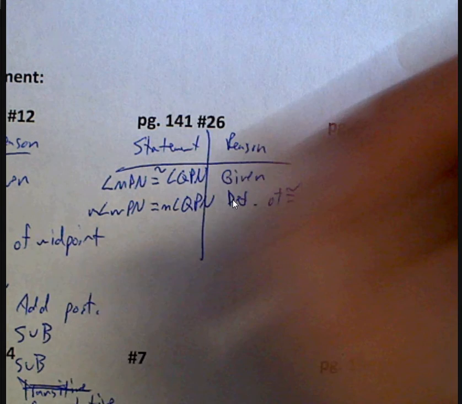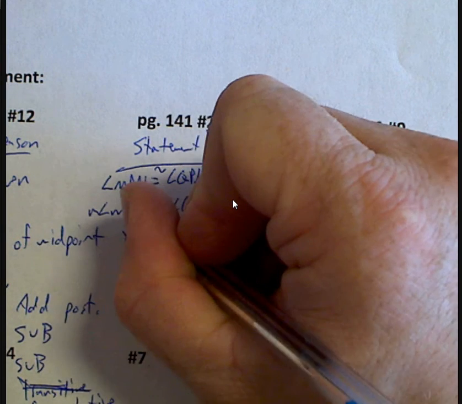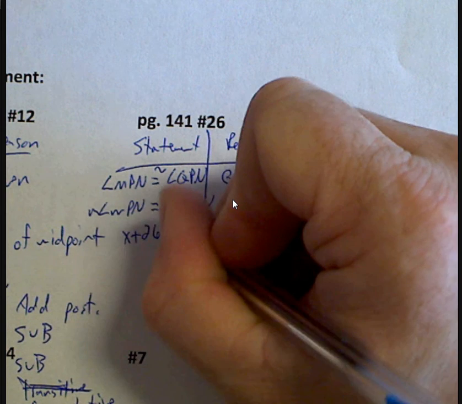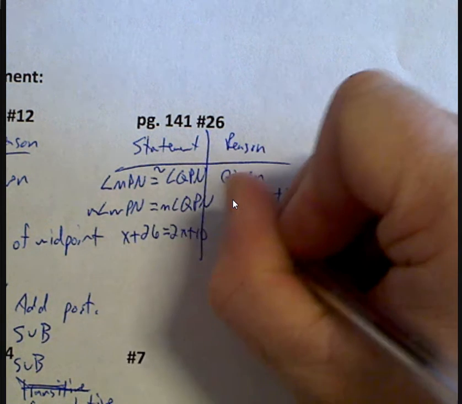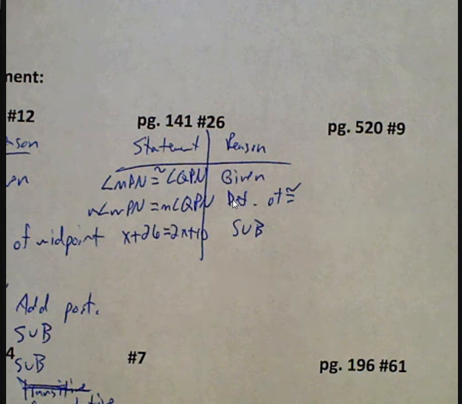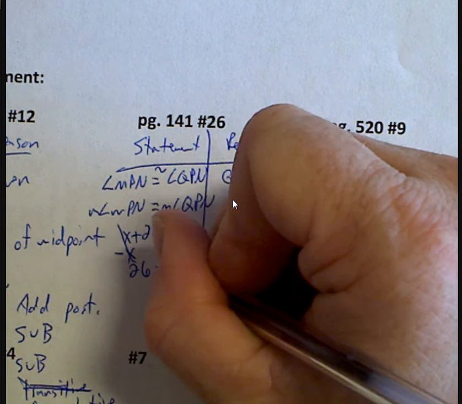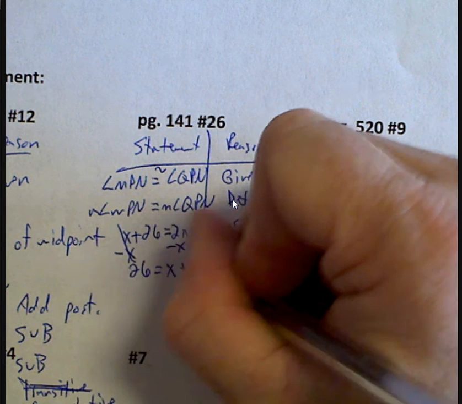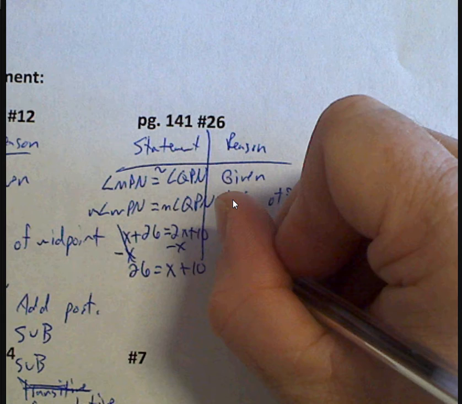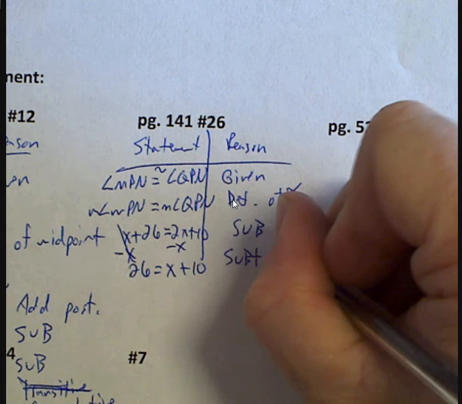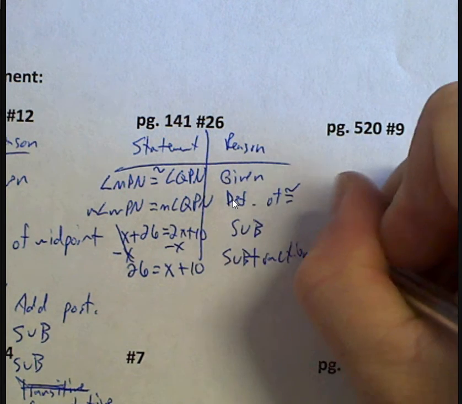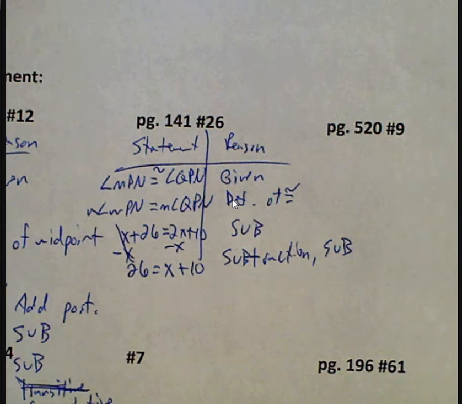Now I can go ahead and substitute that x plus 26 has to equal 2x plus 10. After I substitute, I can subtract x from both sides, and I get 26 equals x plus 10, and what I did is I subtracted, subtraction, and I substituted again, because I simplified.